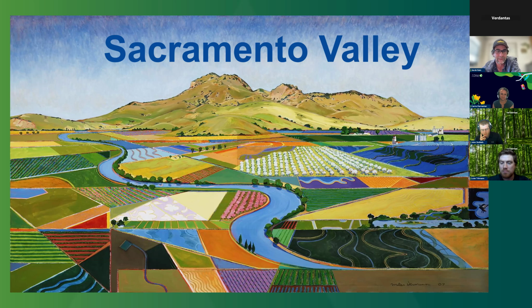But again, before it was this mosaic, this fabric of agricultural productivity and rural communities, it was a mosaic of different kinds of wetland. The Sacramento Valley, as most large river valleys, really is the expression of water flowing through and interacting with the landscape through which it flows.